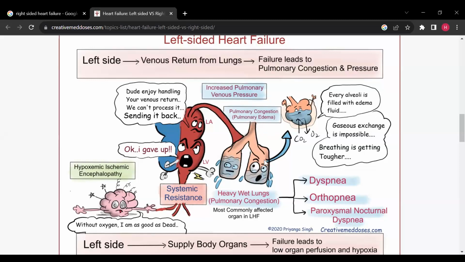Because of this edema, there is no gaseous exchange, because the alveoli are now filled with water, so there's no exchange of oxygen and carbon dioxide. So breathing gets difficult.